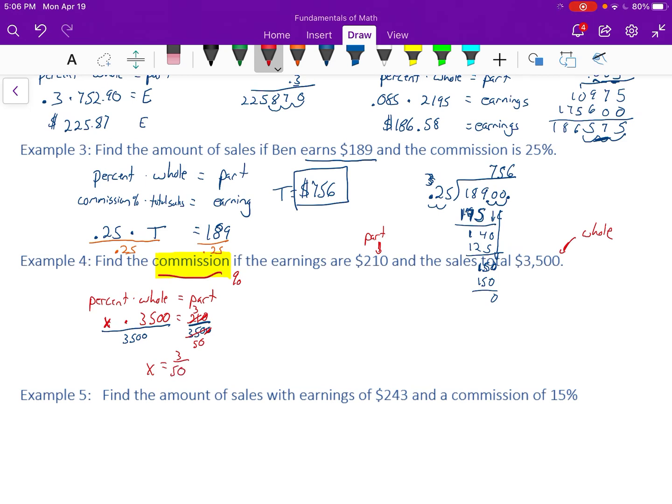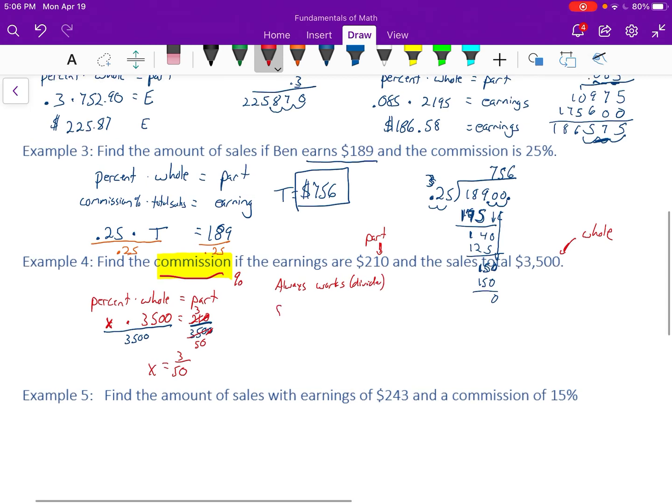And we want commission, so we want a percent. So we don't want to leave it as 3/50ths, we want to change it to a percent. The surefire always works way to do it is to divide, and then change it to a percent. So we could do 50 into 3, and we would get our answer. But since we're changing to a percent, remember percent means what?